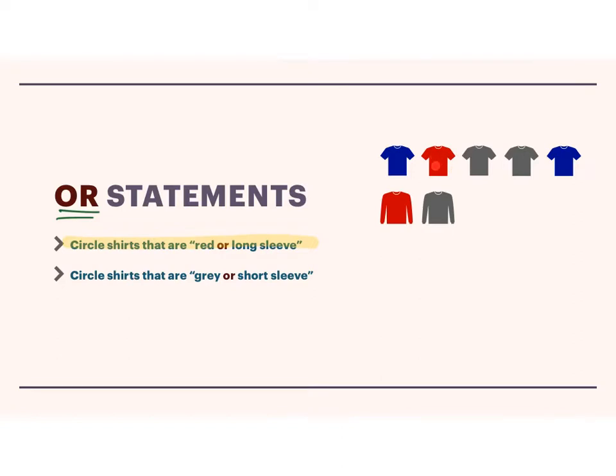Here we have a red shirt and it's long sleeve. And here we have a shirt that's just long sleeve. In this case, you don't have to be red to get circled, because you could just be red, which would satisfy the first part, or you could be long sleeve, which satisfies the second part. So in this case, we have three shirts that actually satisfy those statements because it's an "or".